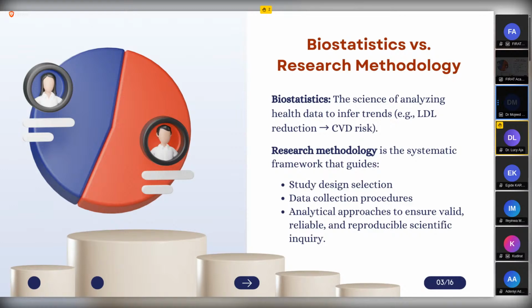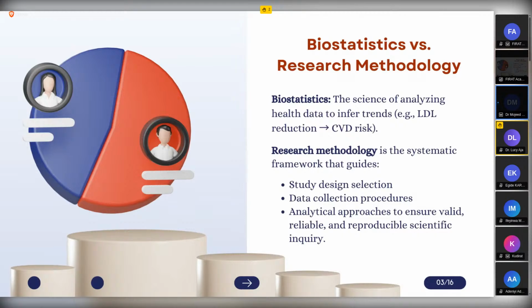It is the foundation because it's going to help you to analyze your data. It will help you to interpret the data, and it would also help you in terms of design of your instruments and all that. So biostatistics is very, very key in quantitative research.